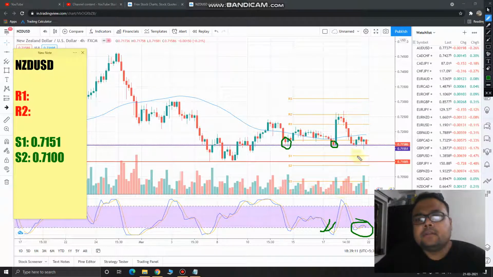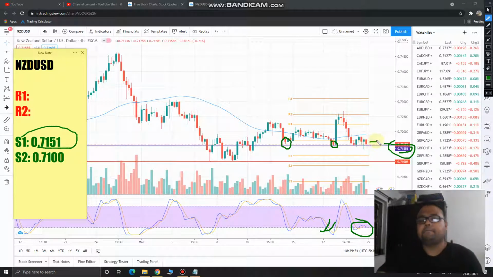If you see that price is still trading above this purple line, 0.71555, this level, then just buy above this line. Once you get the confirmation that yes, it is a valid support, just buy.